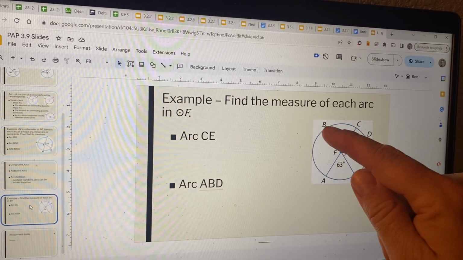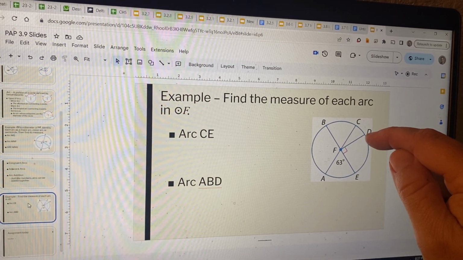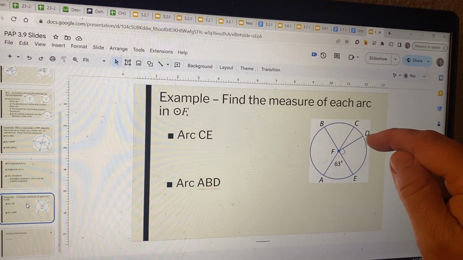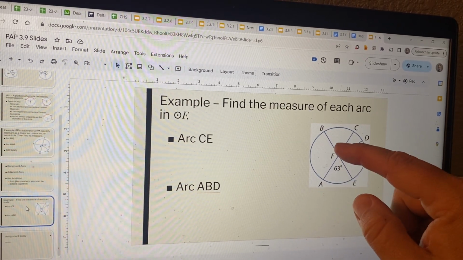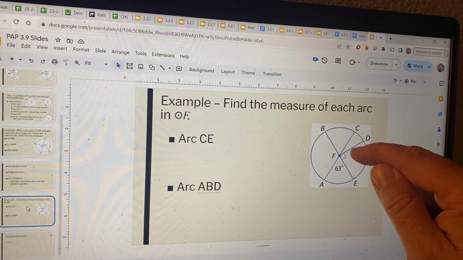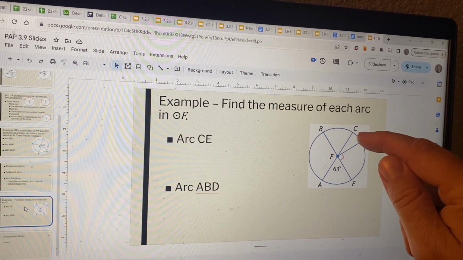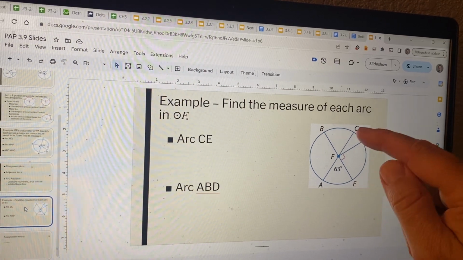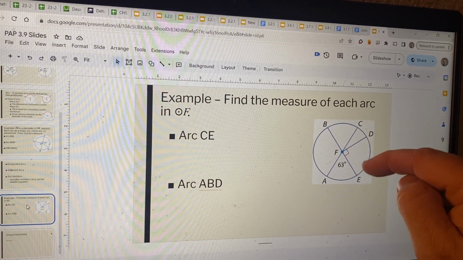So that means from B to D would also be 90. Okay. So 90 minus 63 should give us 26 for the distance from C to D. So if we have 26 plus 90, this should be 116 for arc CE.